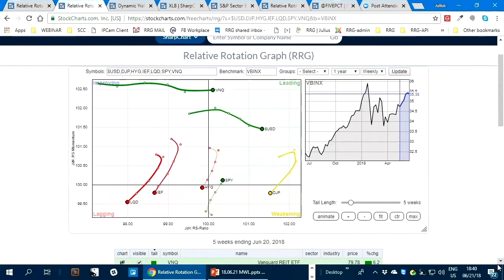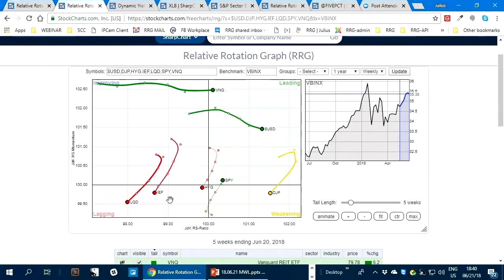And on the weekly, so the longer term trends, it's pretty clear that SPY, so equities, is doing well, and IEF or government bonds are doing not so well. So based on this relationship, on the weekly RRG, on the weekly charts, you got to prefer equities over bonds still.